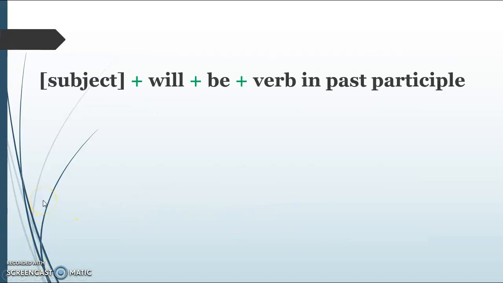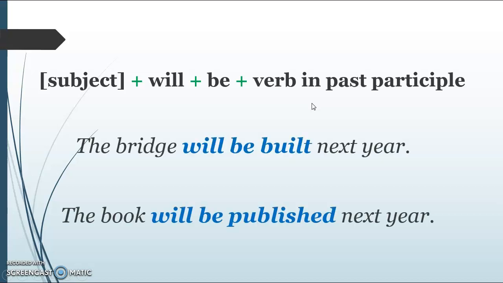As you have noticed, the structure is the following. Subject, will, plus the verb to be, in the base form, plus the verb in the past participle.